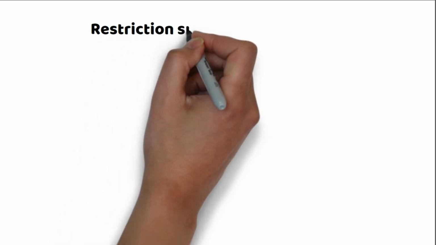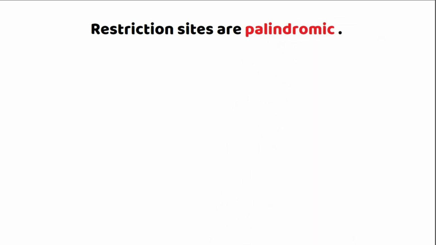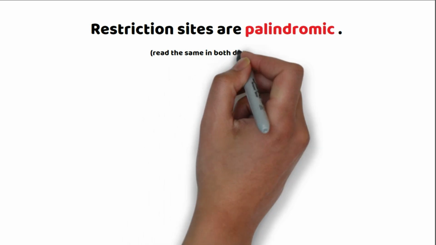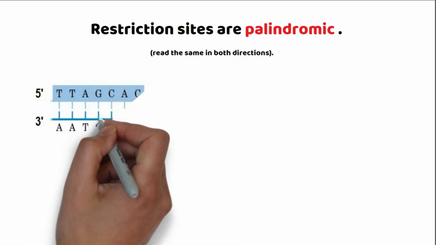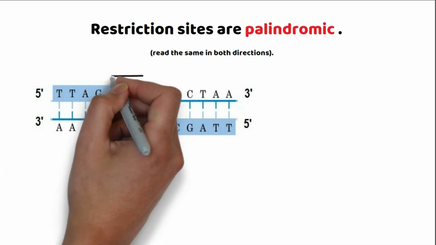Restriction enzymes or restriction sites are palindromic. What is meant by palindromic? It means something like reading the word the same in both directions, like radar, like civic, and so on.